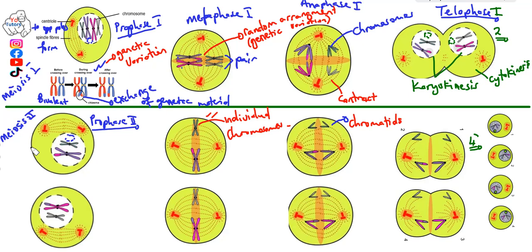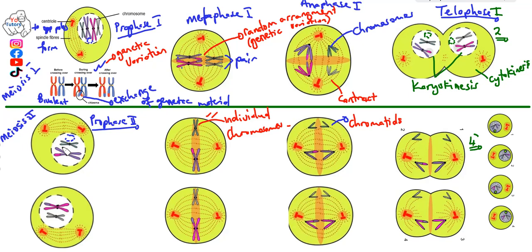But what is the difference? What is unique about prophase 2? In prophase 2, we no longer have crossing over, and we are only looking at chromosomes, not homologous chromosomes lying next to each other. Those are just chromosomes.